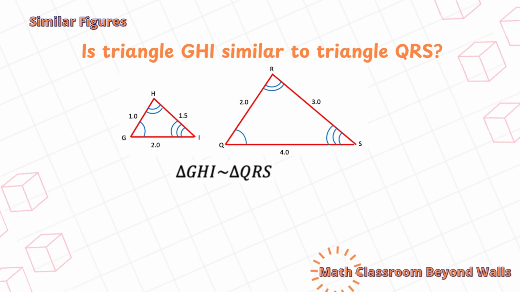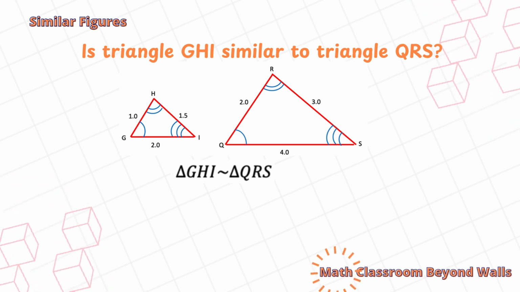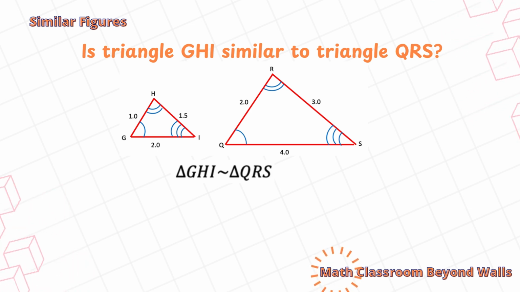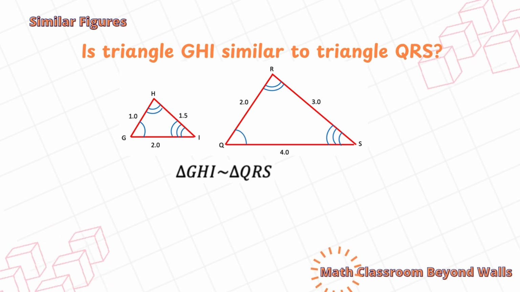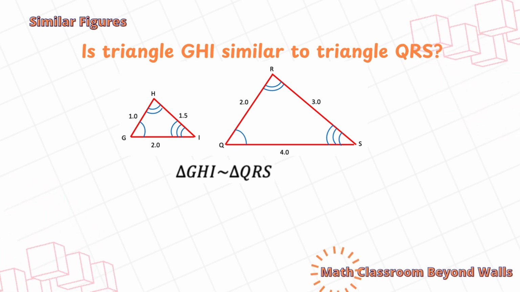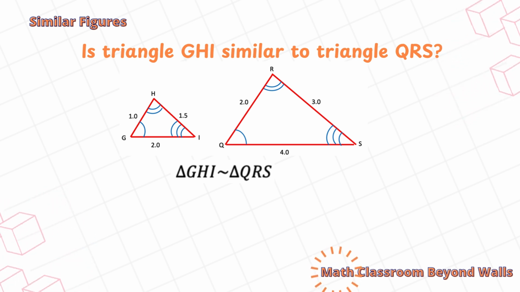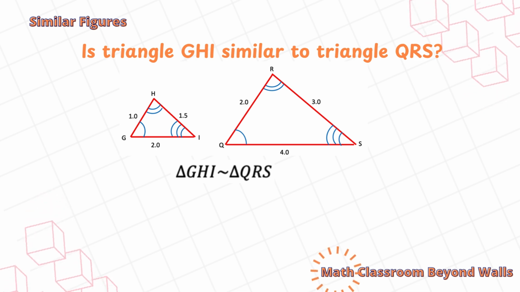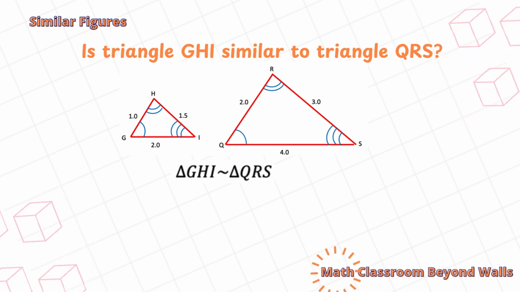When writing the similarity statement, make sure that the corresponding angles are in the same order for both polygons. The order of the letters of the names must be able to tell you which angles are corresponding to which and which sides are corresponding to which.